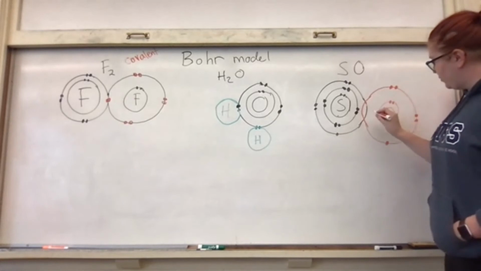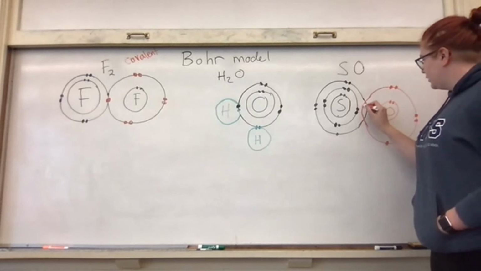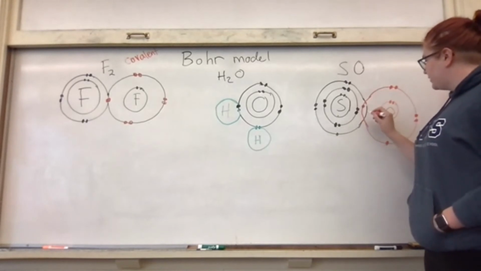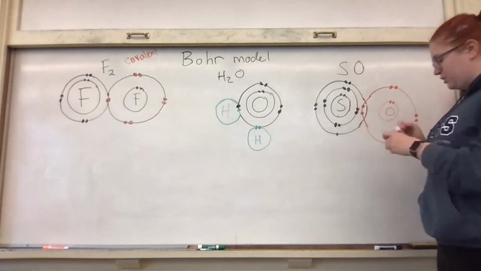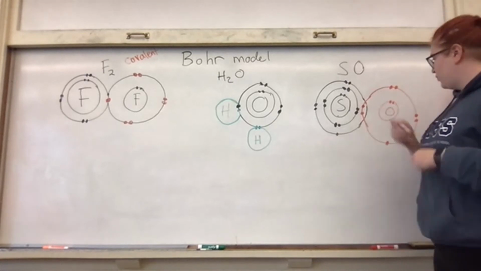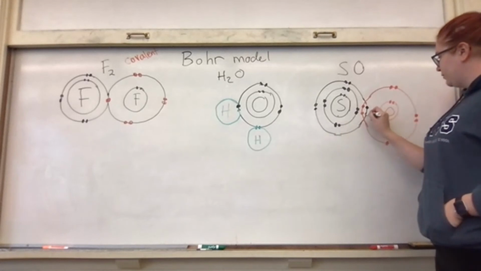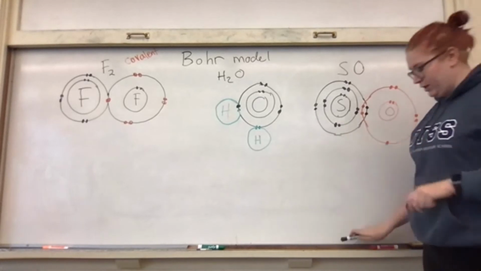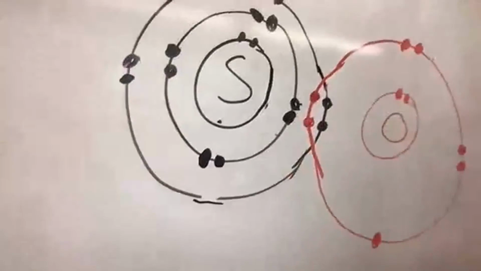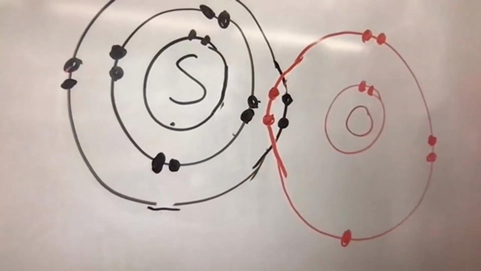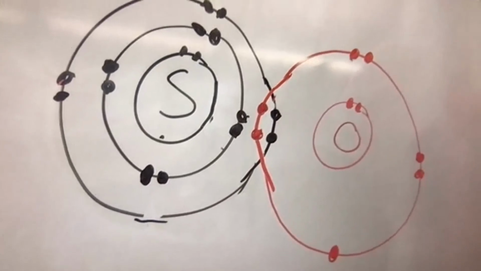Do you see how they're overlapping? So we do 1 from oxygen, 2 from oxygen, 1 from the sulfur that was there, and this one will also move up here. So I'm going to move this closer so you can see better. You show your shells, the outside shells overlapping.